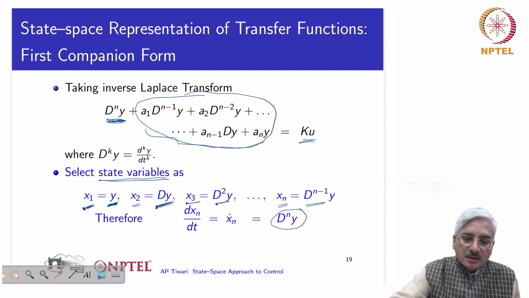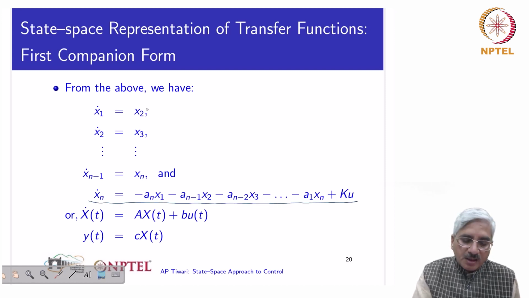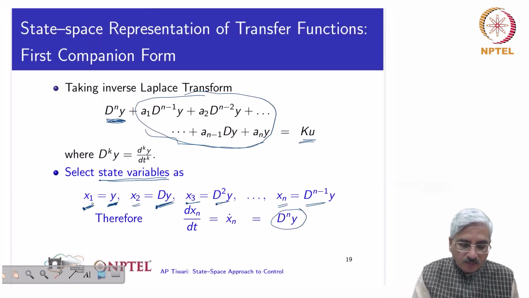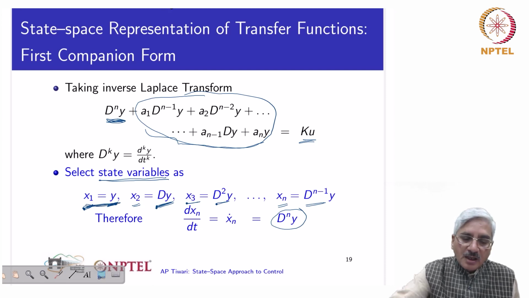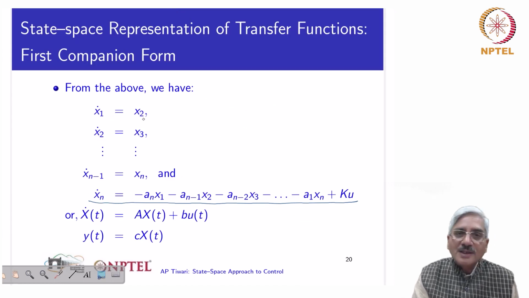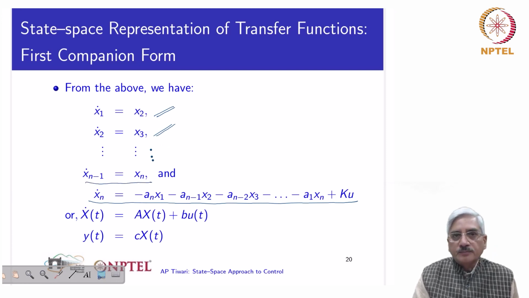However, before that, because we introduced the first state as y, x1 is y, and that means x1 dot is y dot, and y dot was identified as x2. So we have x1 dot as x2, x2 dot as x3, and so on, x(n-1) dot equal to xn.